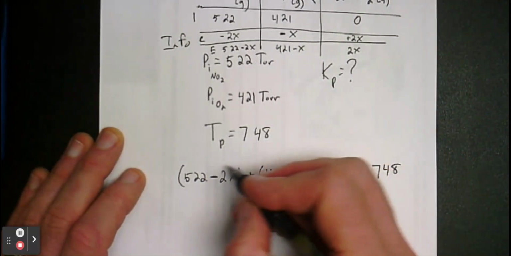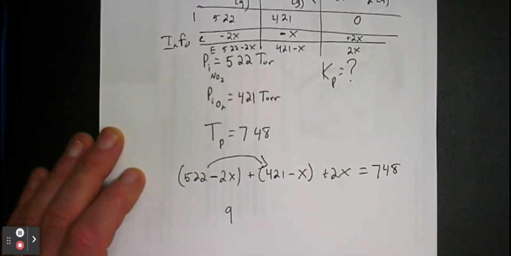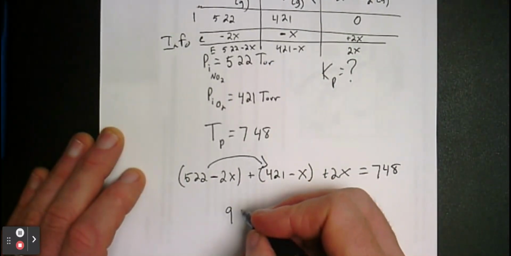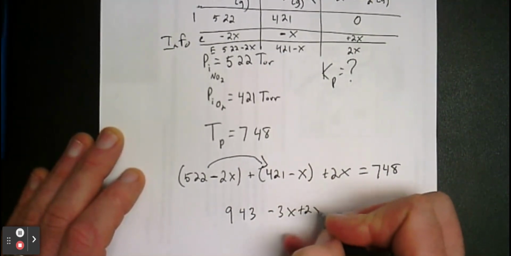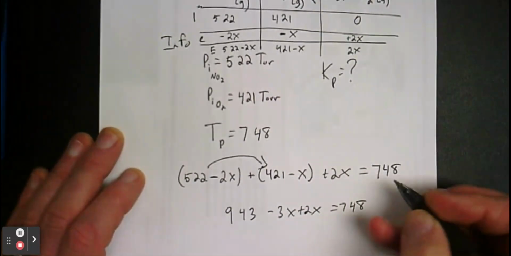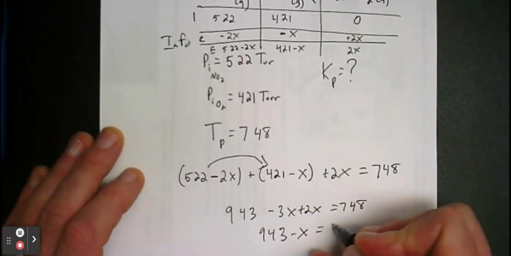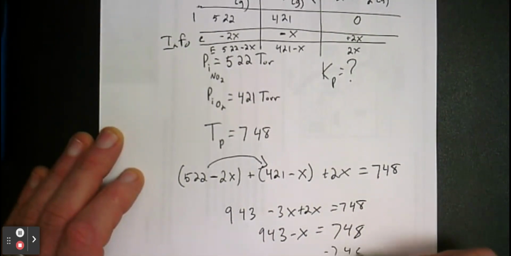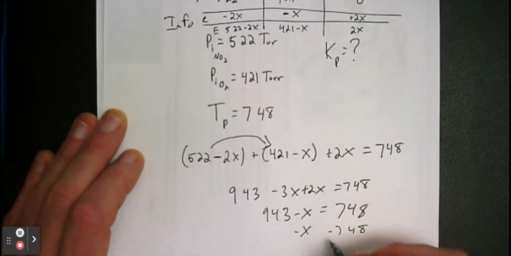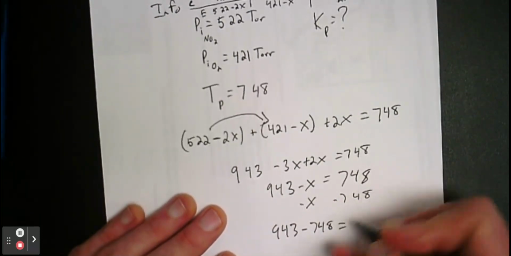I'm going to add these two things, and I get 943 minus 3x plus 2x equals 748. So this is 943 minus x equals 748. I'm going to bring this, so minus this and minus x. So we get 943 minus 748 equals x.